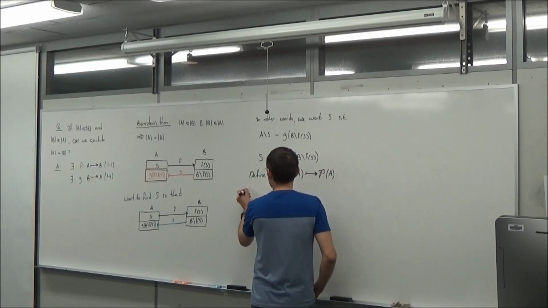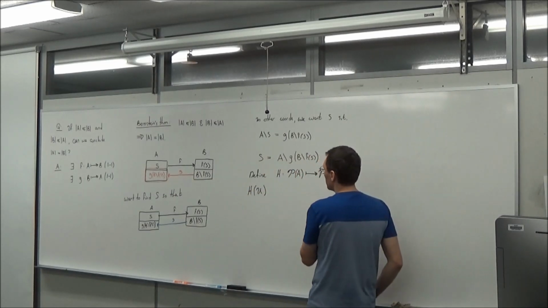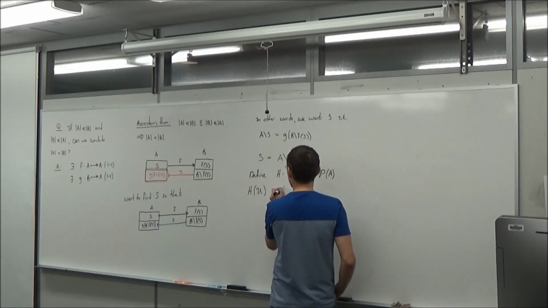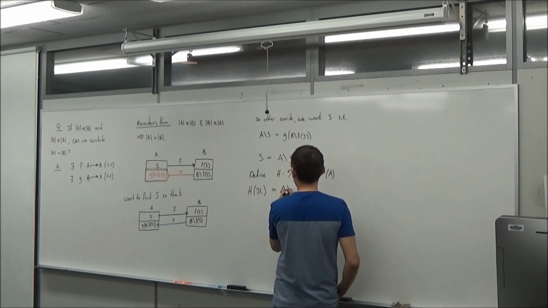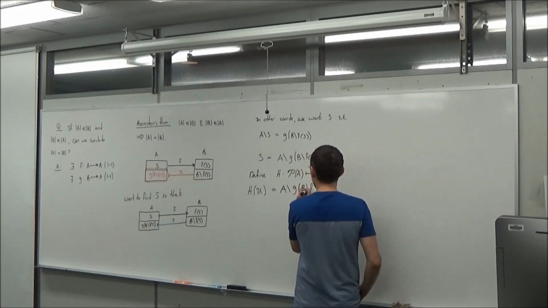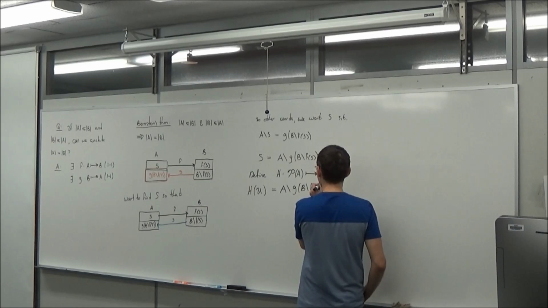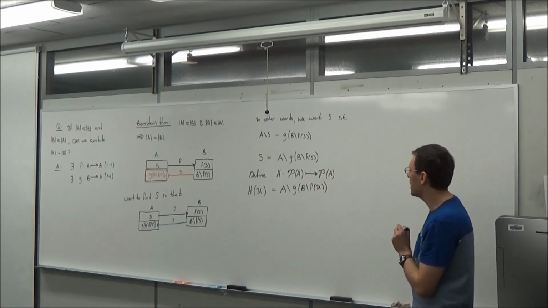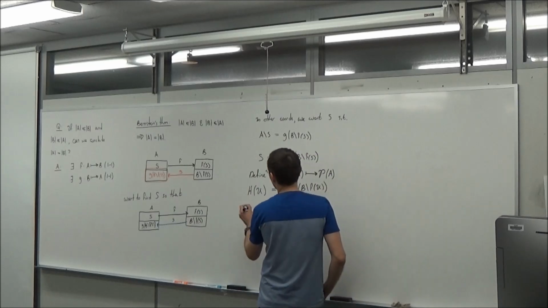So the function is going to do this. H of u, u being a subset of A, h of u will be equal to A, throw away g of B, throw away f of u. Okay, that's going to be the map I'm going to define, and I want to find the fixed point.